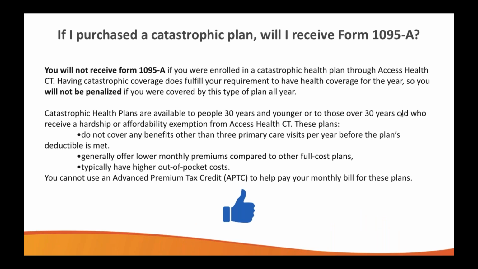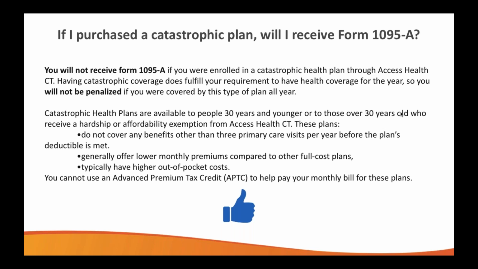So if you're in a catastrophic plan, which generally you're 30 years and younger, or you can also have a hardship and be qualified to get a catastrophic. We do not have forms, 1095 forms do not get released for catastrophic plans. They are considered healthcare, they are looked at, they don't get fined if they had a catastrophic.